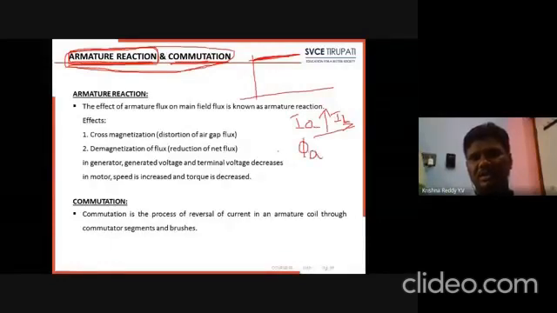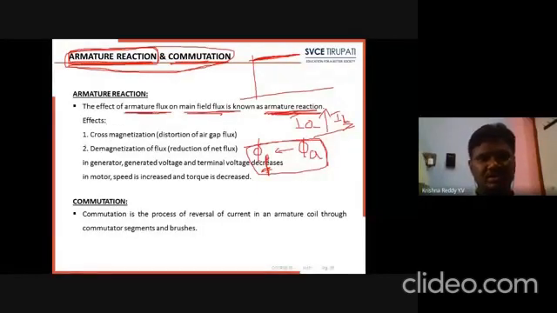This armature flux will affect the flux produced by the poles, the main field flux. That is known as armature reaction. The effect of armature flux on main field flux is known as armature reaction.